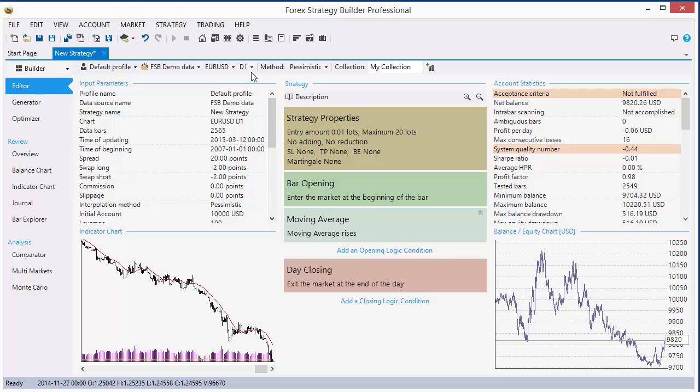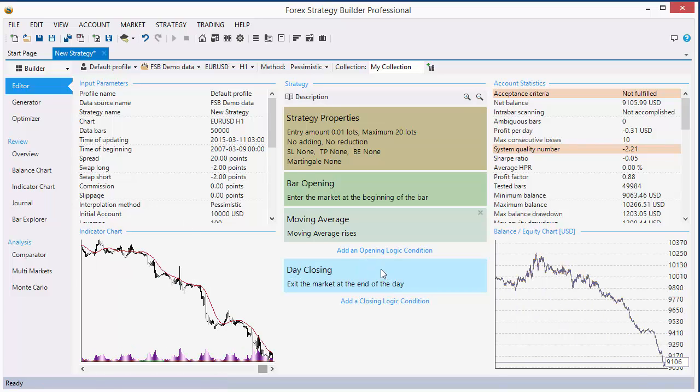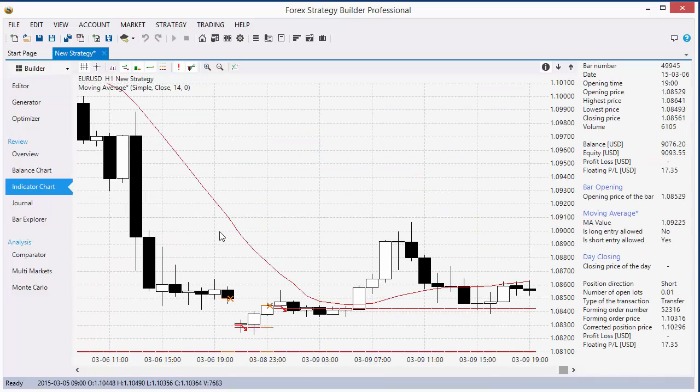If we select a lower time frame, for example H1, we'll have exits at the last hour of the day. What is here? This is 23. We see here the opening time.